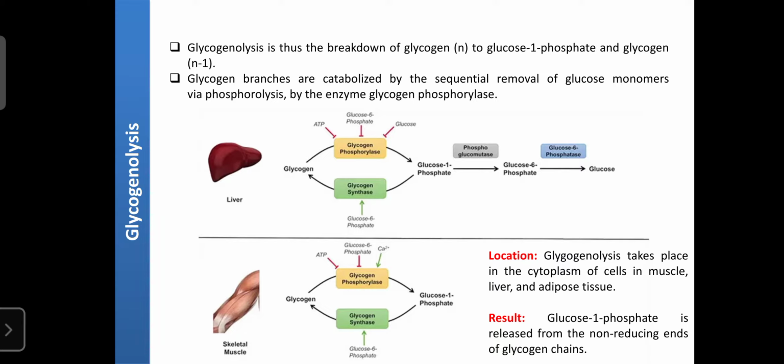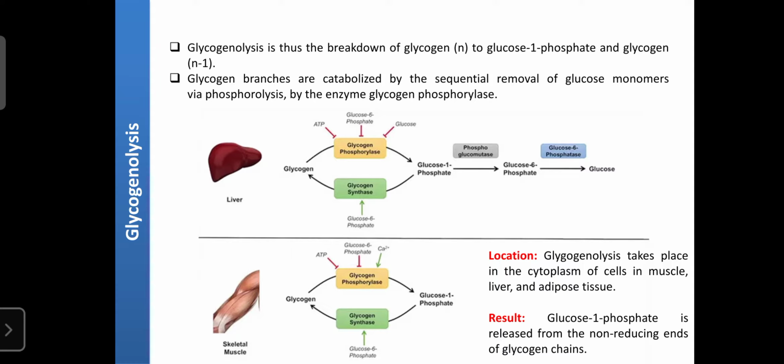Once glycogen is metabolized, it produces one glucose 1-phosphate and a glycogen residue of n minus 1, as one glucose molecule is removed. The glycogen branches are catalyzed by sequential removal of the glucose monomer via phosphorolysis by the enzyme glycogen phosphorylase.